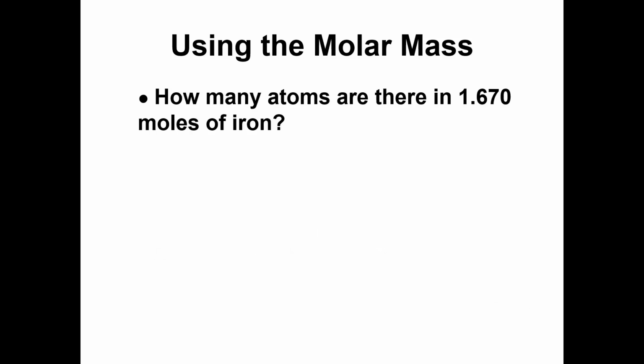Alright, now I'm going to throw you for a loop here. I'm going to ask for atoms. How many atoms are there in 1.670 moles of iron? Well, Avogadro's number means just that, right? It means that there are 6.022 times 10 to the 23 atoms or particles or donuts equal to 1 mole of that particular substance, right?